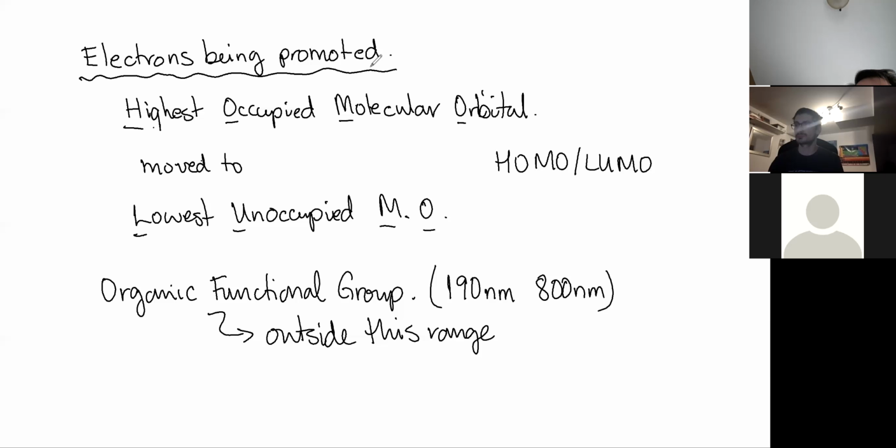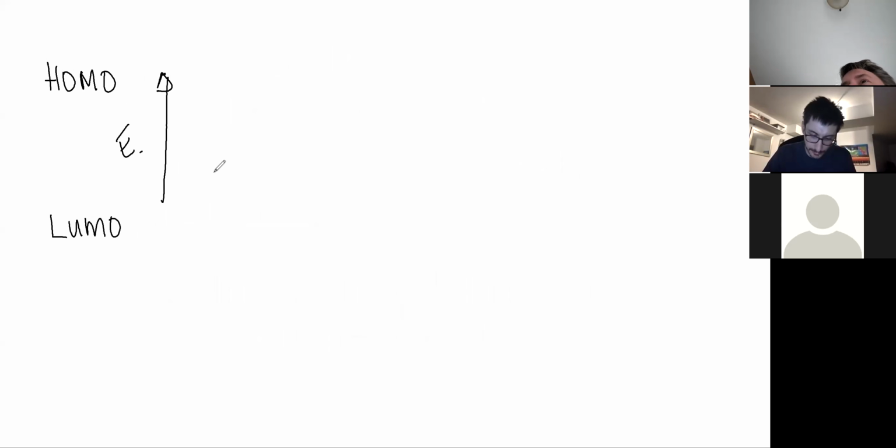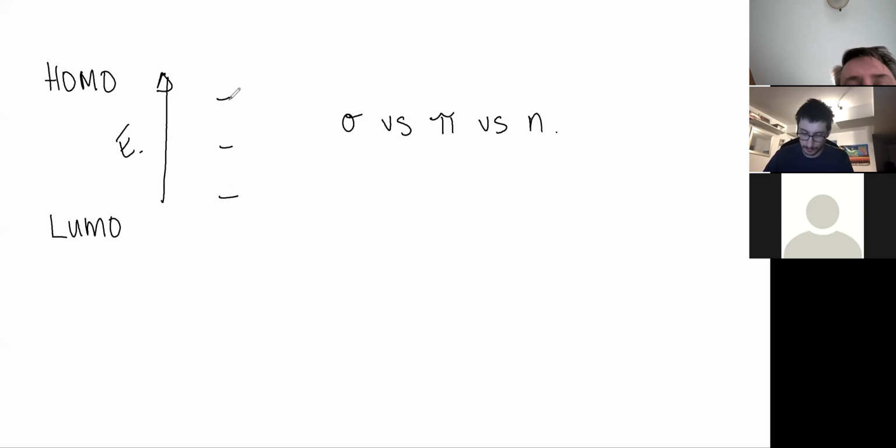So for the highest occupied molecular orbital, if we were to draw HOMO and LUMO, a little energy diagram here, just in broad terms, if we had to sort sigma electrons versus pi electrons versus non-bonding electrons, where would you put these on this graph, like A, B, and C?